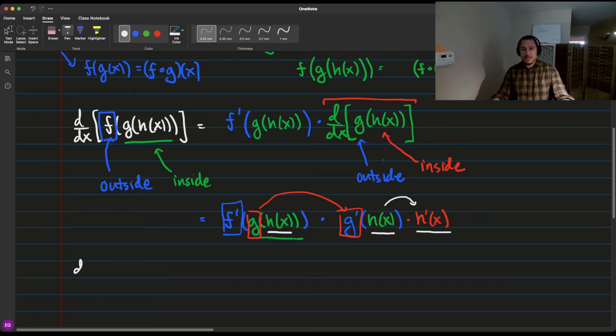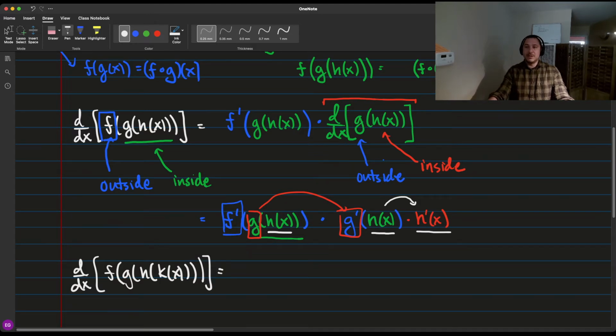Like if you wanted to take the derivative of the composition of four functions, so f of g of h of k of x, you'd start with your outside function, f, and you'd take its derivative, and then you would put all of this inside stuff. Okay, and then you repeat the process.